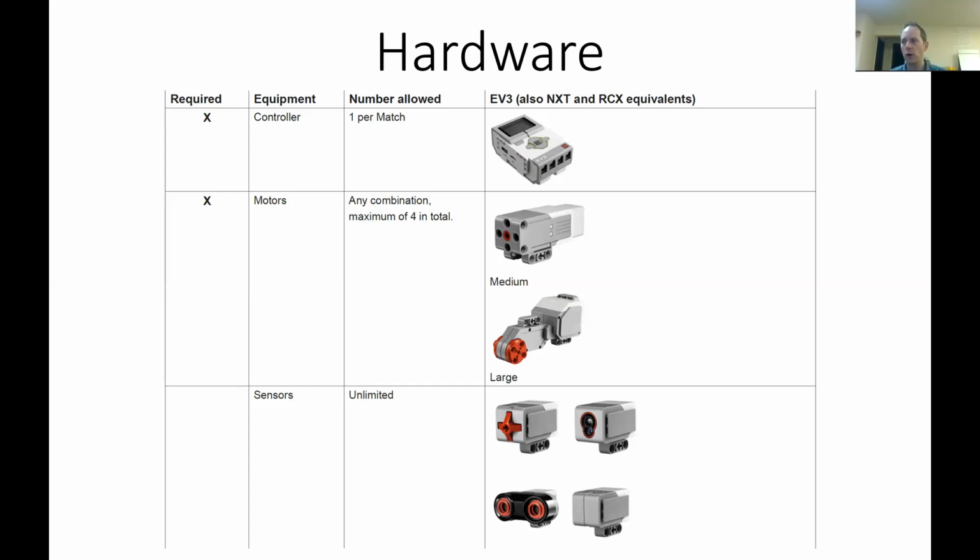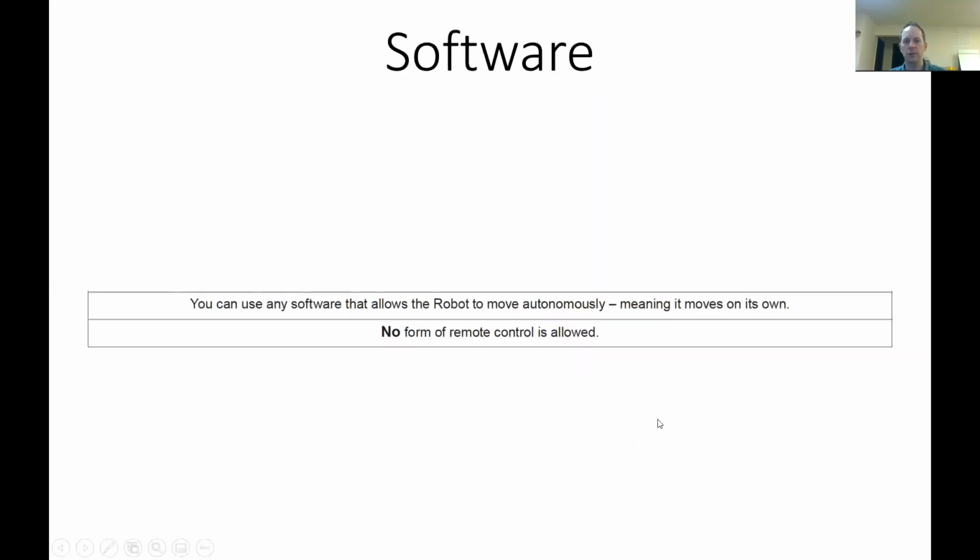You're only allowed the 4. That said, it's also slow to be plugging and unplugging things. You're allowed unlimited sensors, but you only have 4 ports on the brick. And my experience has been that plugging and unplugging sensors can cause issues during competition, so that's probably not a good idea, but it's not specifically forbidden.